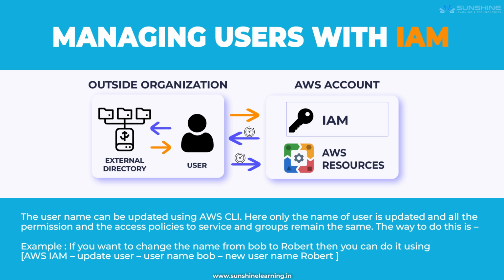For example, if you want to change the name from Bob to Robert, you can do it using update-user, user-name Bob, new-user-name Robert. This is basically a command that you can put in the AWS CLI to make the changes. How to work on the AWS CLI, you can refer to the other section. I have already covered how the AWS CLI works.